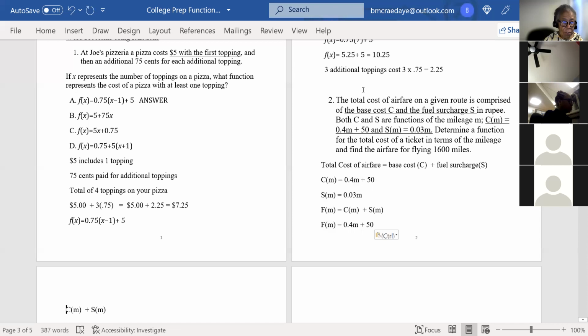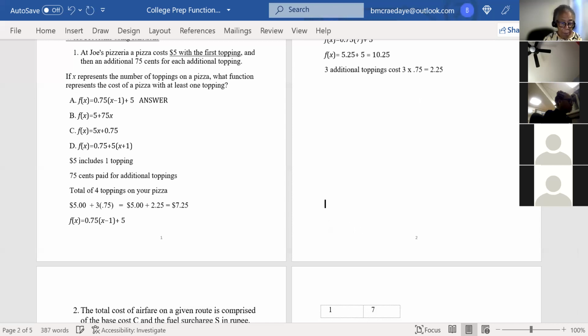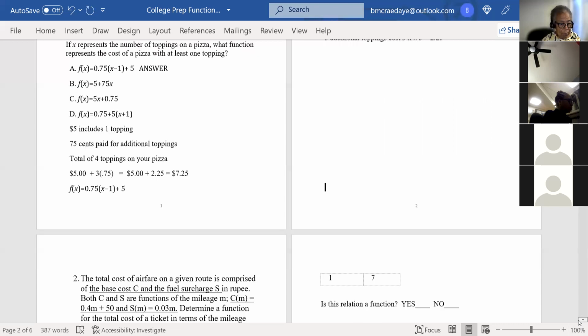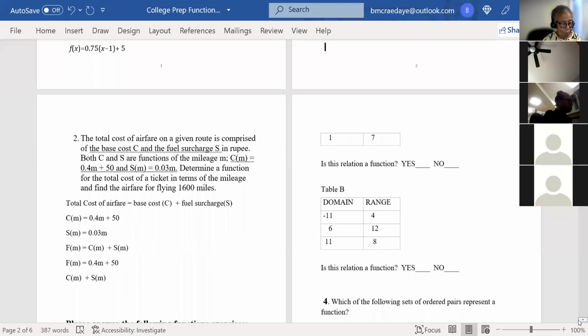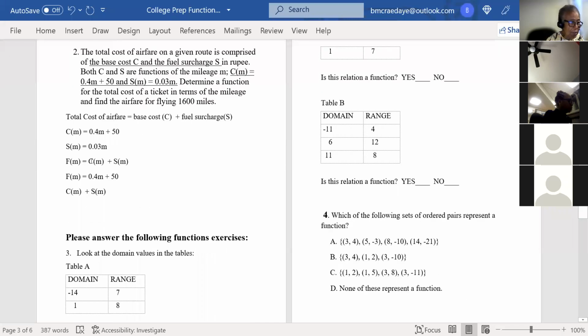Now, actually, I'm going to put this all on the next page so we don't have to break it up. So I substituted in for the C of M, which is 0.4 M plus 50.